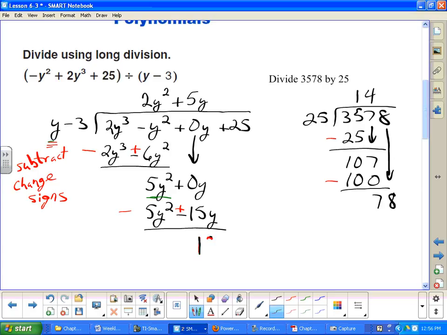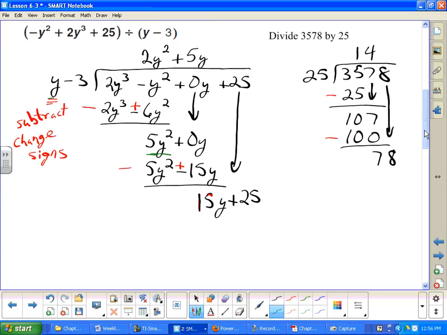Then we get 15y. And we bring down the 25. So just like we would take the 78 and divide by 25, or see how many times 25 goes into 78 then to finish that one.